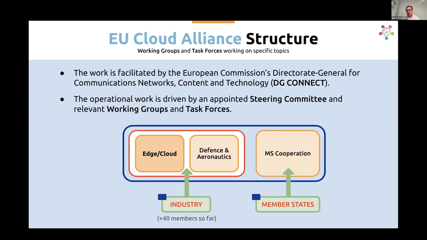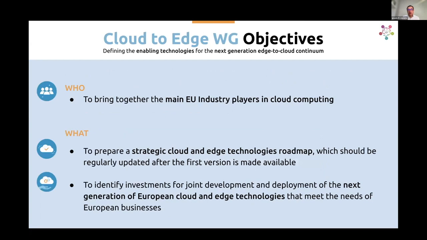This is the working group that I coordinate. In particular, the aim of this working group is to bring together the main EU industry players in cloud computing in order to prepare a cloud and edge technology roadmap and to identify investments for joint development and deployment, always related to next generation European cloud edge and technologies.